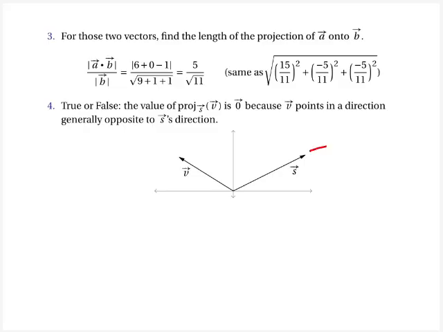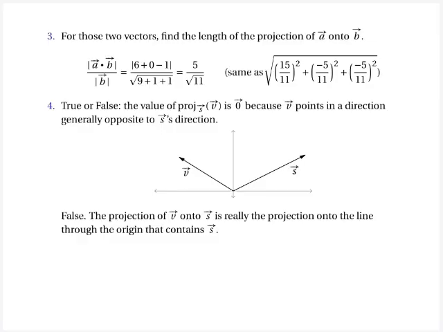What we're saying here is that you are projecting onto the line defined by S. And when you project onto the line defined by S, you do get a perfectly good vector. I know that the vector that I've got there is not on top of S in any way, but it's nonetheless the perfectly correct answer, and it's not the 0 vector. So false. The projection of V onto S is really the projection onto the line through the origin that contains S. Let's say the line defined by S.